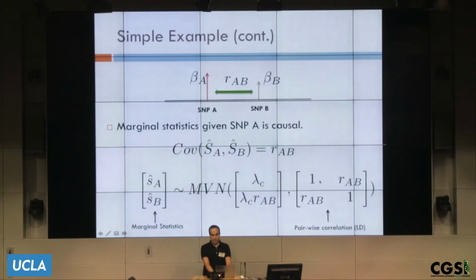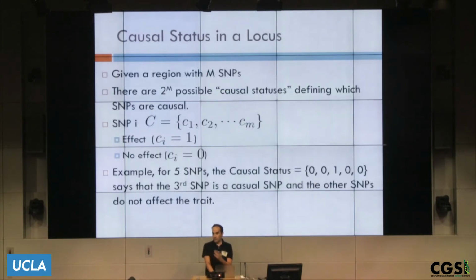So that's the basics. Now if we think about a locus, let's say you have M SNPs in a locus, we can model what we call the causal status, which is just which subset of the SNPs have an effect. If we have M possible SNPs, there are 2 to the M possible combinations of which ones are causal.